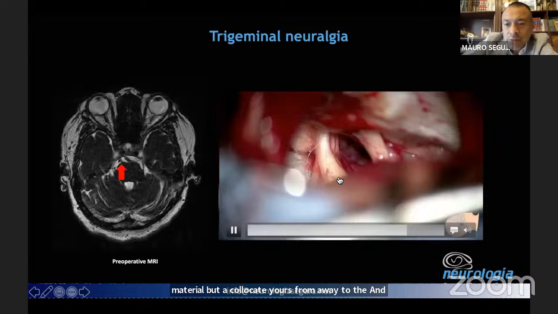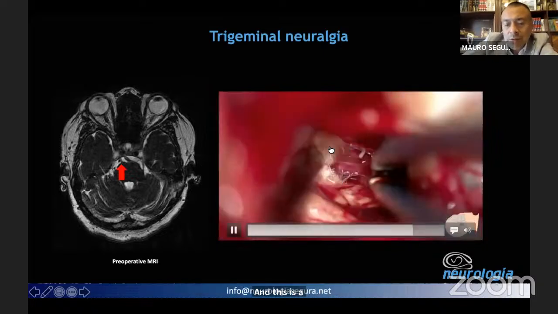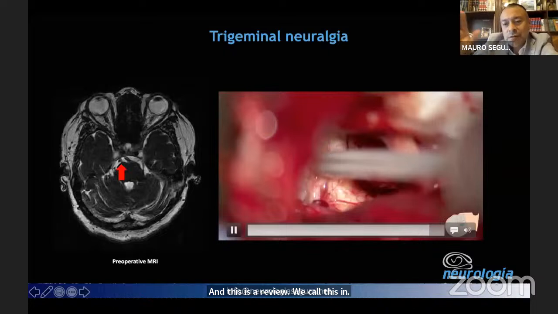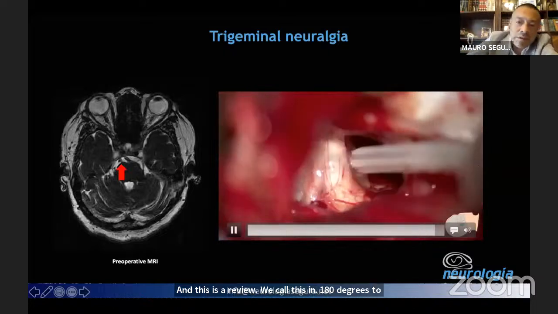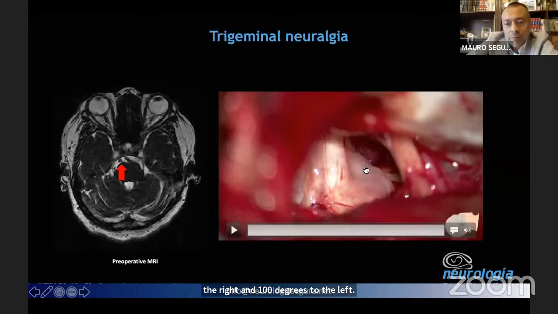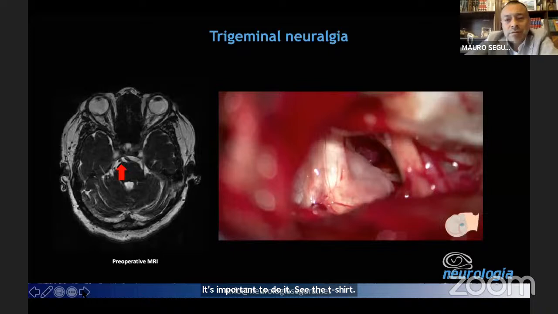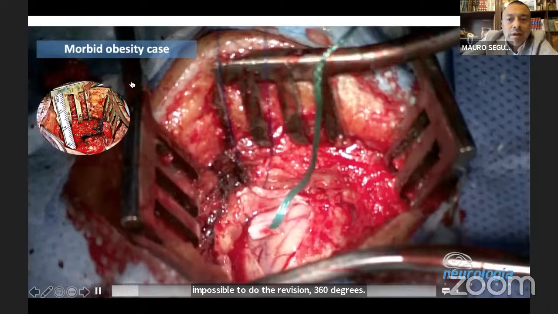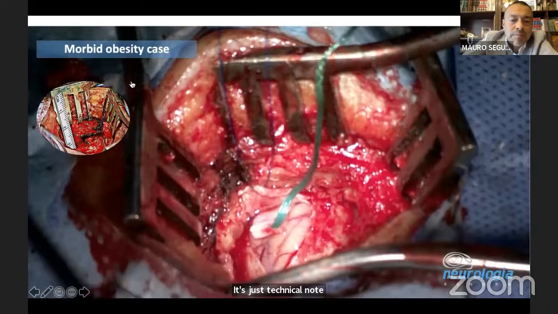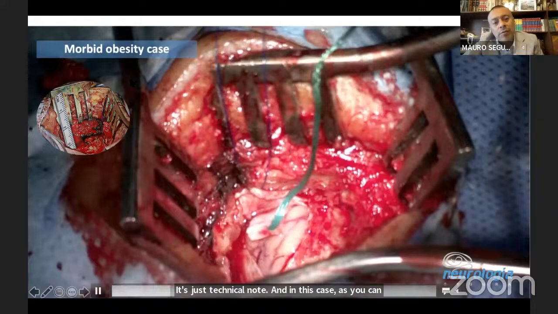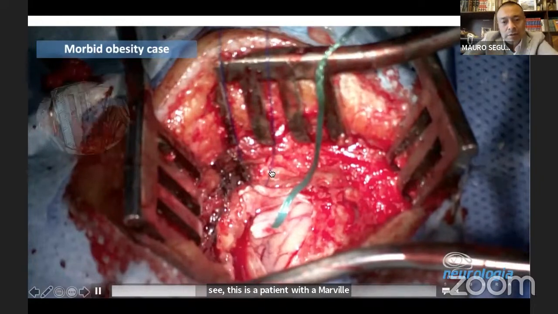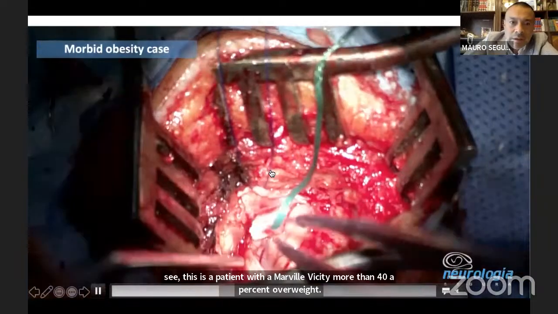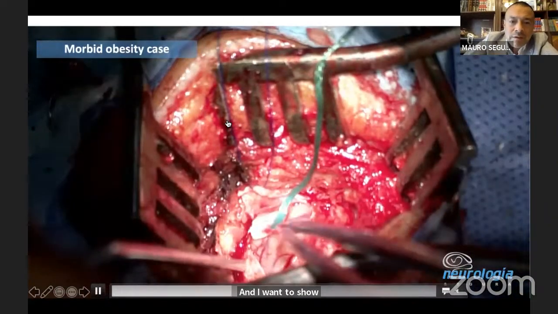And this is a review. We call this 180 degrees to the right and 180 degrees to the left. It's impossible to do the 360 degree revision. This is the CT. It's just a technical note. And in this case, as you can see, this is a patient with morbid obesity, more than 40% overweight. I want to show this, that's why the picture.